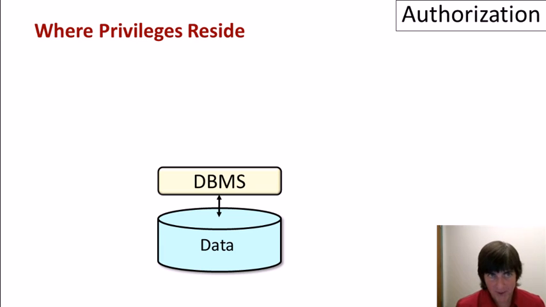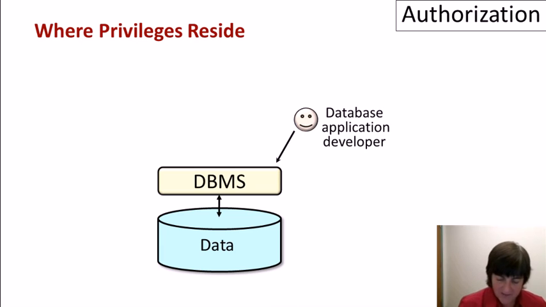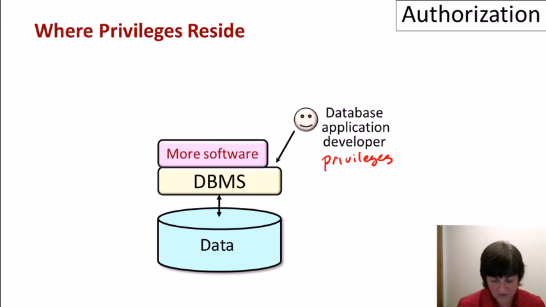Lastly, let me talk a little bit about where privileges actually reside in reality. So we have our data that's being managed by a database system, and typically we'll have application developers who are working directly with the database system, often developing modules that will be invoked by the end users. So those application developers have to have privileges on the database to create the modules. But then we have the software that sits above the database system that is used by end users, and the end users typically don't have privileges themselves.